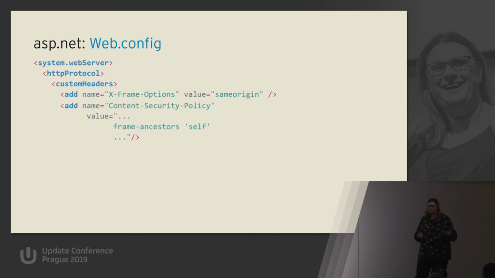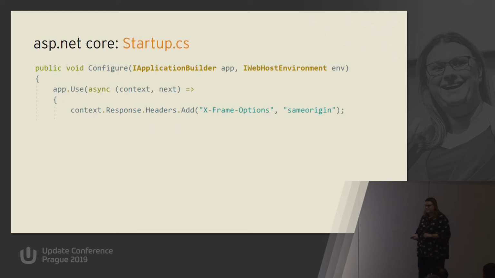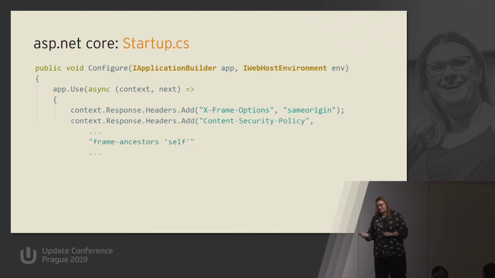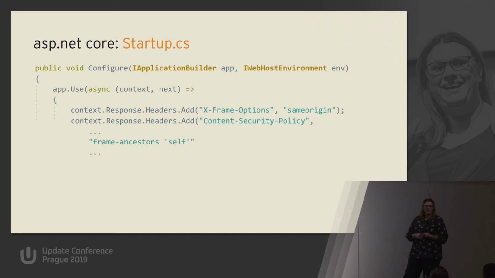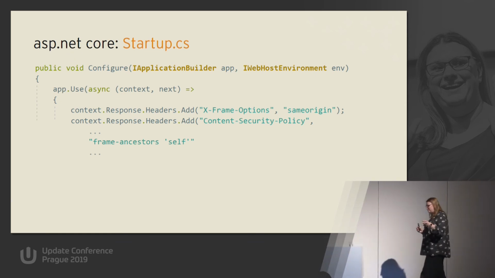Otherwise, it will fall back to X-Frame-Options. So in the ASP.NET case, we do it once again in the startup. We add a header, and also here add it in the content security policy with frame-ancestors. And 'self' is the same as same origin here.